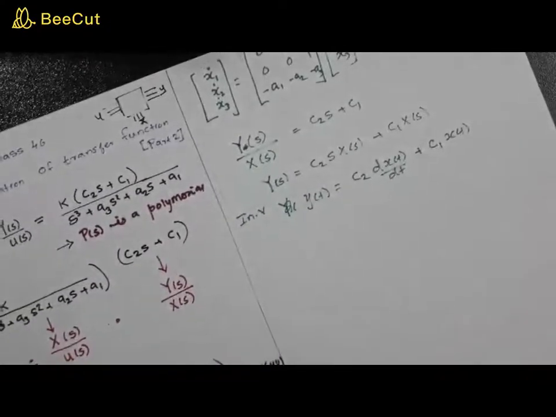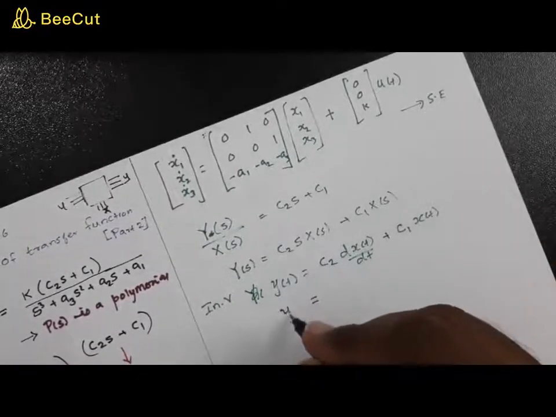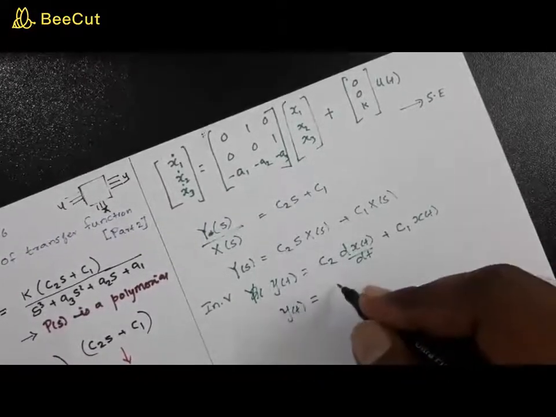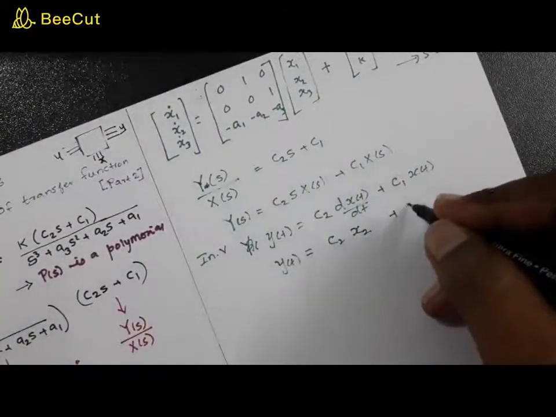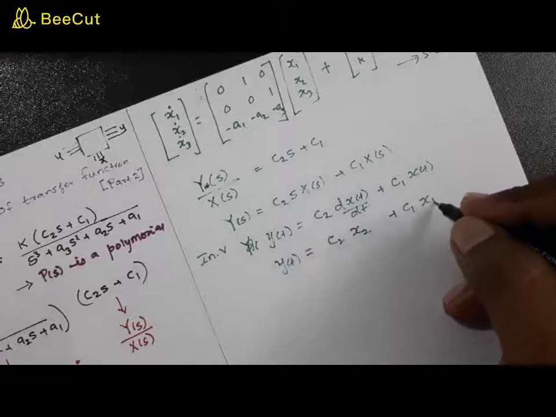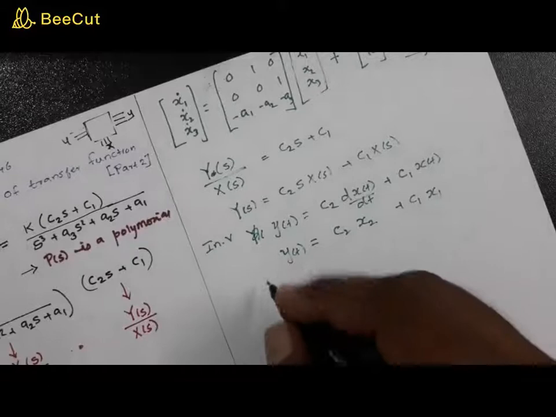Okay, now what is your x of t? x of t is assigned to be x1, so you can substitute. What is dx of t by dt? We have already defined dx of t by dt as x2, so you can replace this by the state variable x2, plus c1 into x1, right? So what's going to be your output?